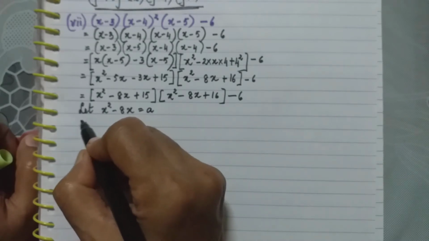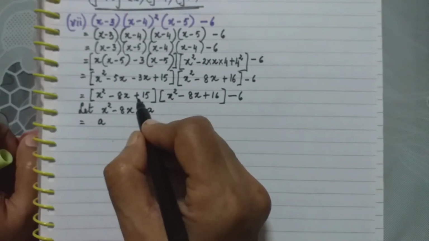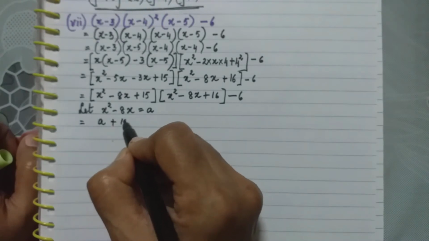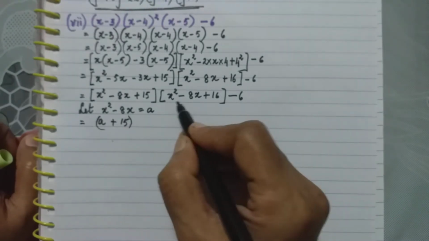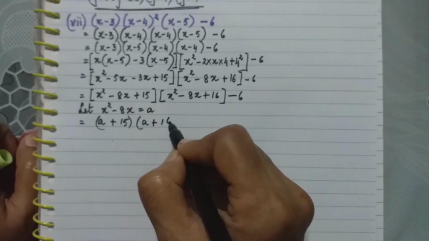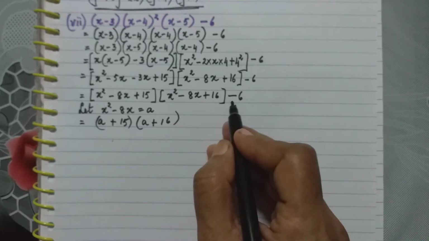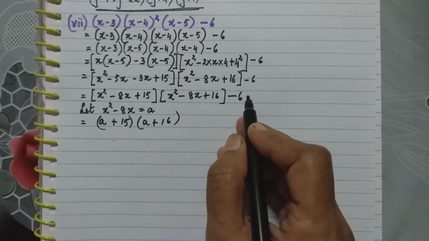Then what happens here? In place of x square minus 8x, we get a plus 15, and here this will be a plus 16. Okay, so we have here a plus 15 into a plus 16, and then this constant, that is minus 6.